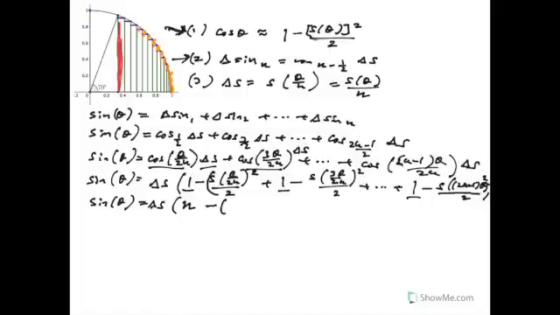This thing can be turned into s of theta squared over 8n squared.